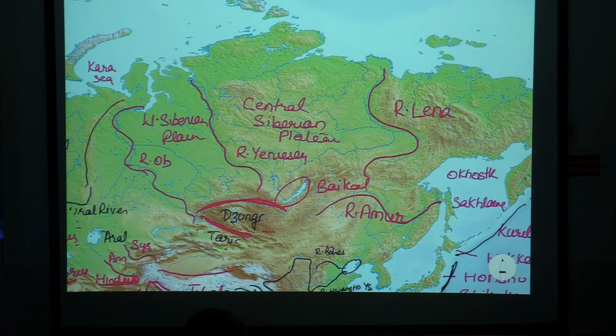This all is Arctic Ocean. These are New Siberian Islands. River Ob, this is Gulf of Ob. This is called Taimyr Peninsula.